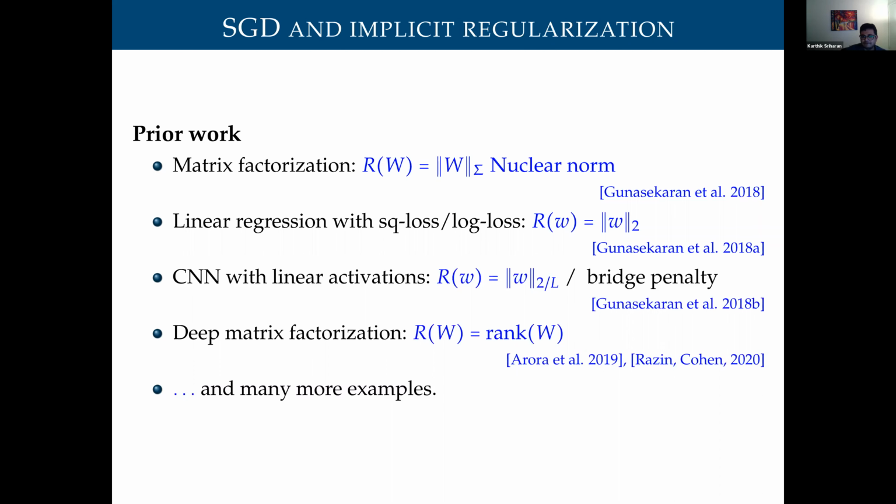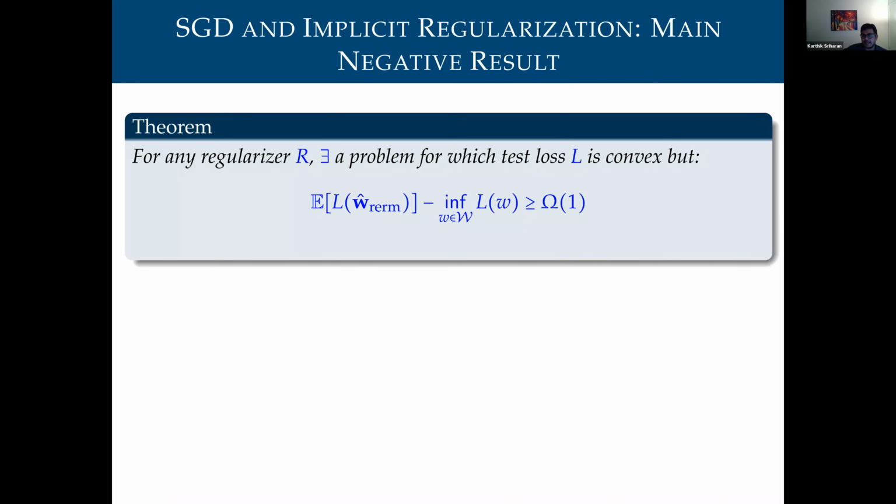One case study that we already know works is a stochastic convex optimization problem, where additionally we know that capital L is convex. Is it true that in this case you can explain why SGD works by showing that there is an equivalent regularizer R? Of course, what we are going to show is a negative result.